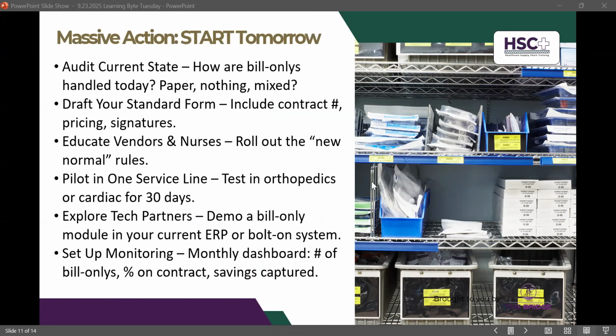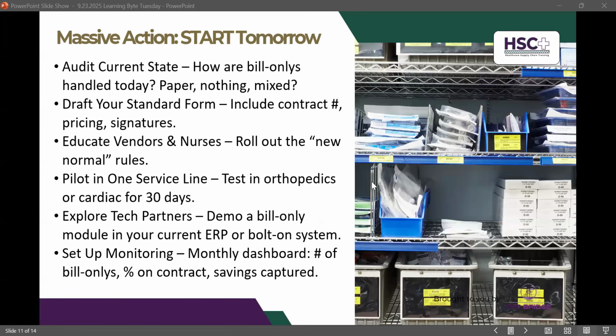I'm going to give you one as a sample. Feel free to use that, make changes to it, add, change, delete, but you want to include your contract number, pricing, signatures, and you want to educate your vendors and your nurses and roll out the new normal rules, because you want to have a procedure document that goes along with this.